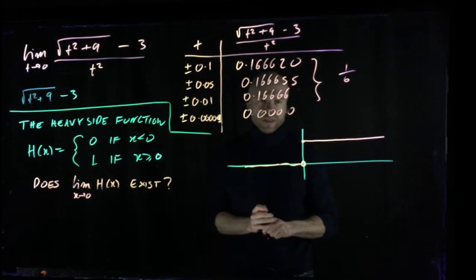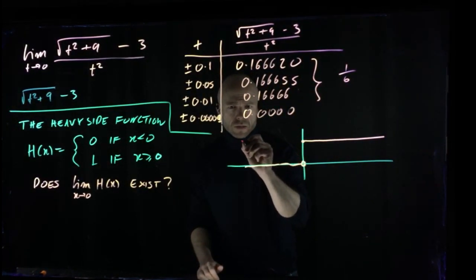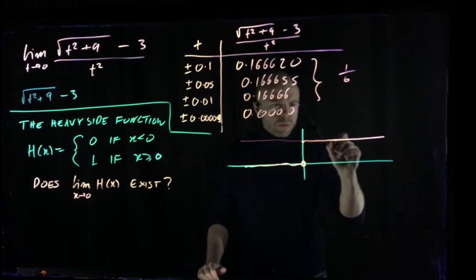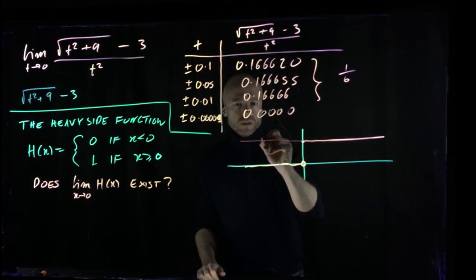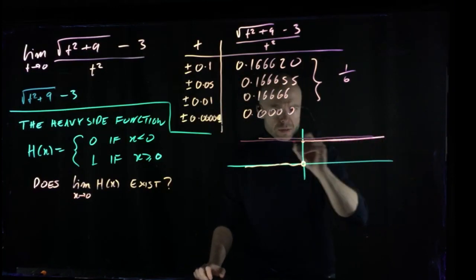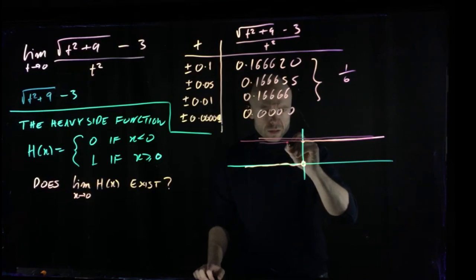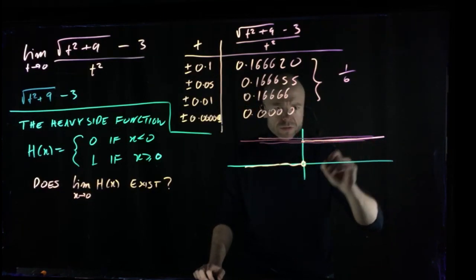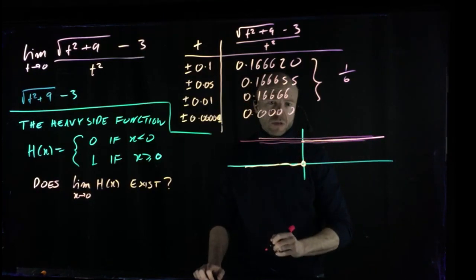So if the limit existed, that would mean there'd be some number L, for example this number, where we could guarantee that the function was arbitrarily close to L, which means it's inside some tiny, thin neighborhood of L for every x very close to 0, but not equal to 0, right?